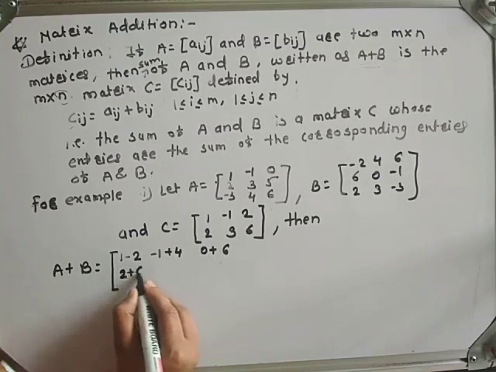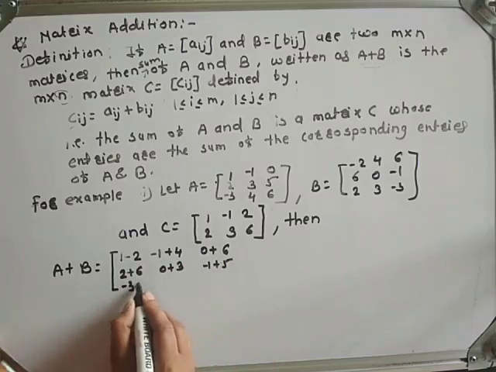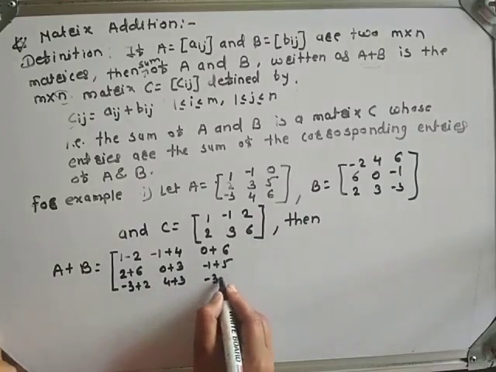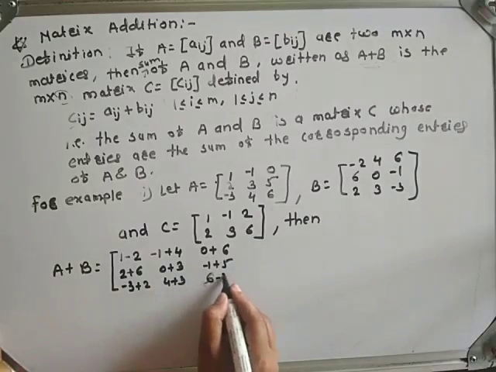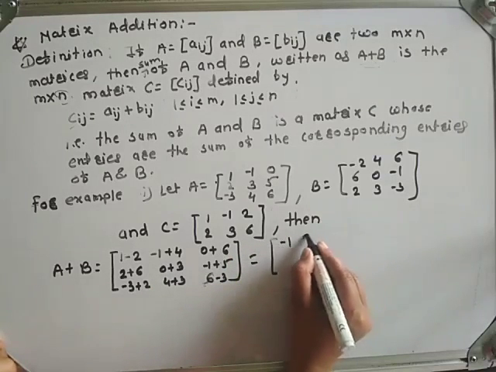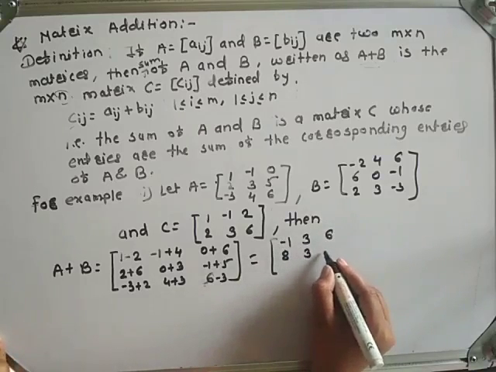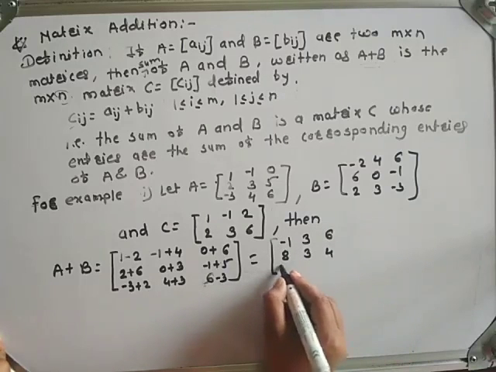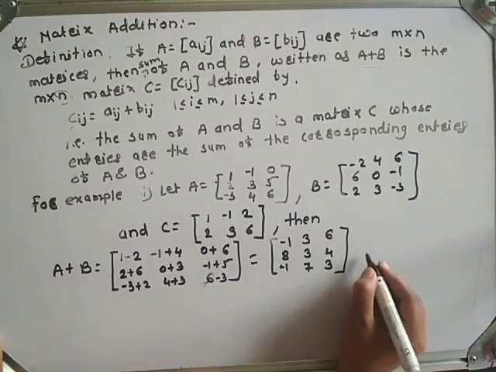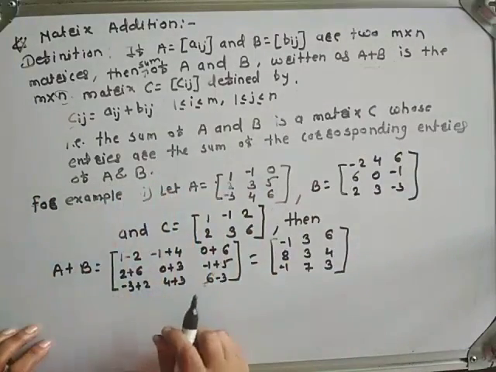Next, 2 plus 6, 0 plus 3, minus 1 plus 5, minus 3 plus 2, 4 plus 3 and minus 6 minus 3. Therefore, A plus B is equal to minus 1, 3, 6, 8, 3, 4, minus 1, 7, 3. For addition, we have to add corresponding entries of A and B.